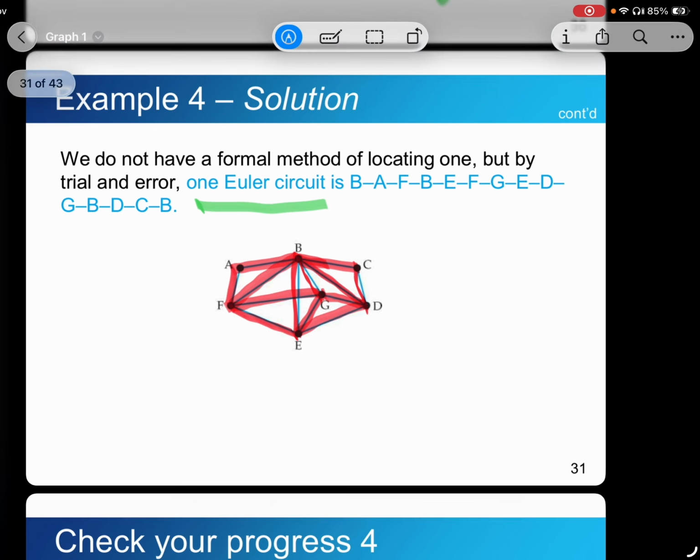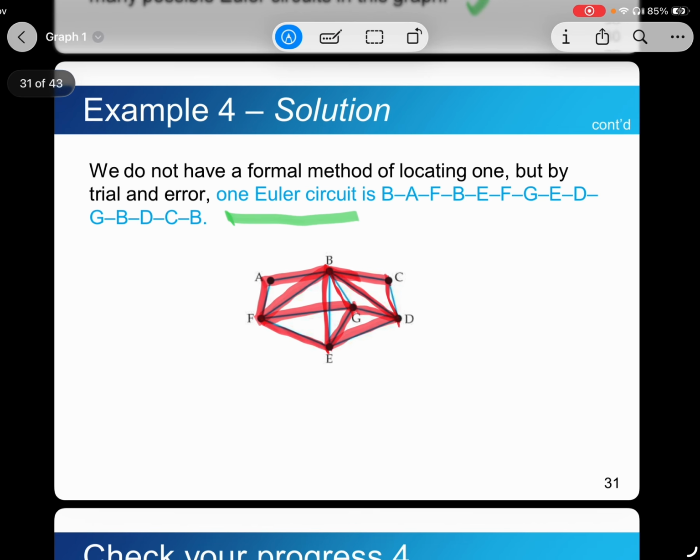Okay, so that's it for the Euler circuit.